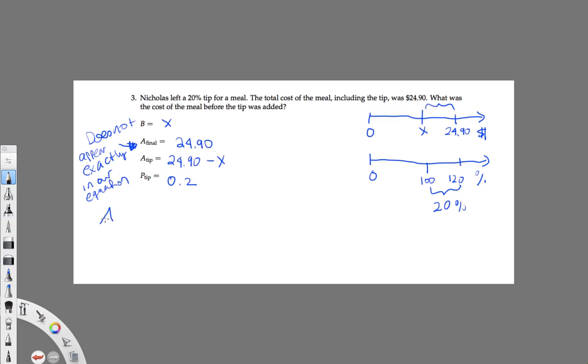We know that the amount of the tip, which is this distance, has to be the percent tip times the base, this distance. So I take the amount of the tip, which is the meal plus the tip minus the meal, and I get this equation.